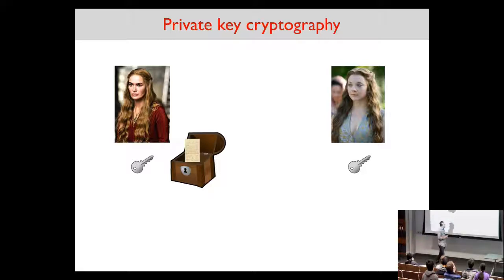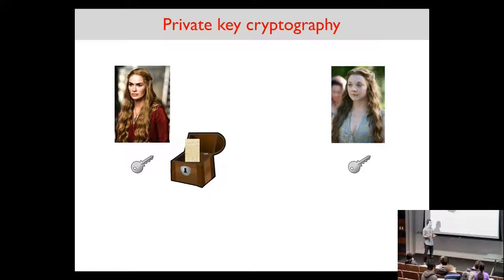If I said, okay, you have some letter, you have physically written some letter, and you need to transfer that letter to some other place, how would you securely try to do this? The first thing that's going to come to your mind is the following. Suppose I share some key with the person that I'm trying to communicate with.